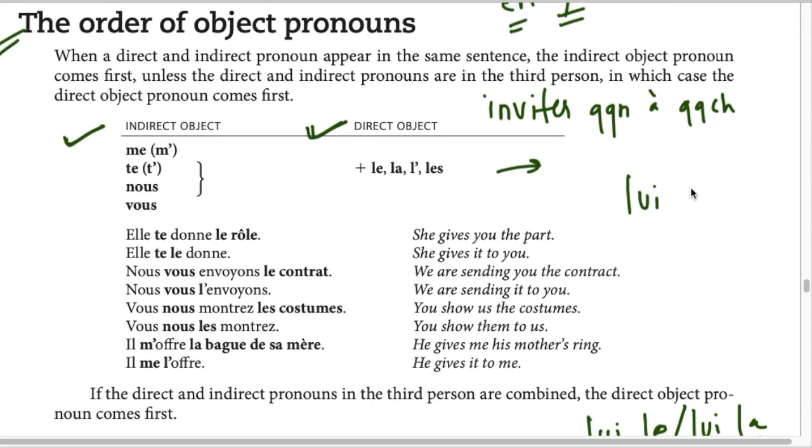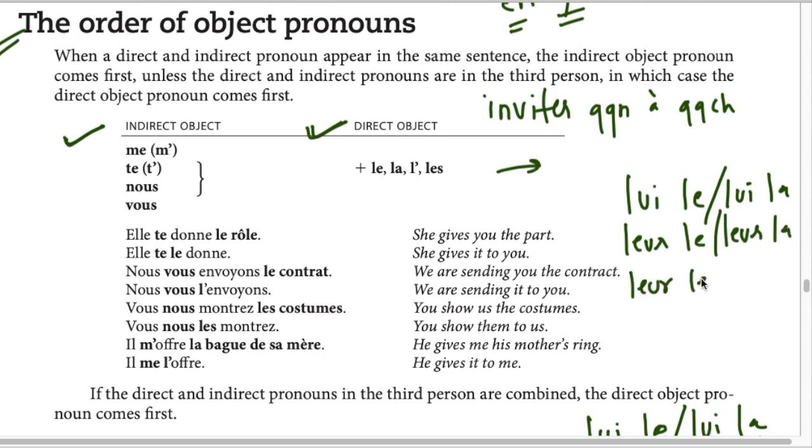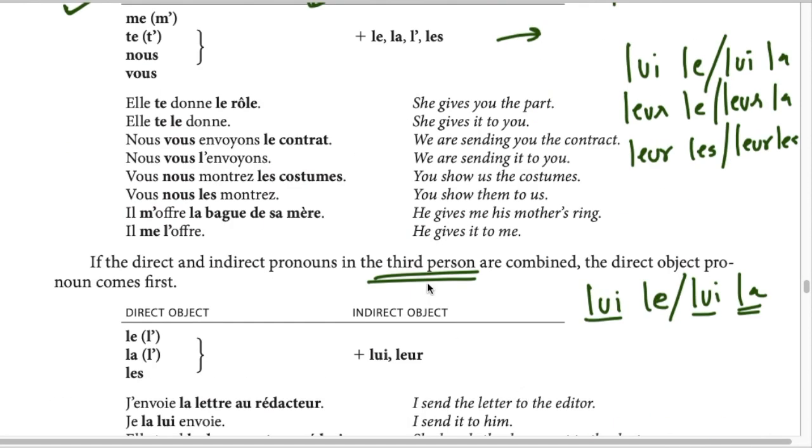Only if it's lui le or lui la, or even leur le or leur la, in this case, when it comes to third person indirect object pronouns or direct object pronouns, direct object pronouns will come first before the indirect object pronoun.